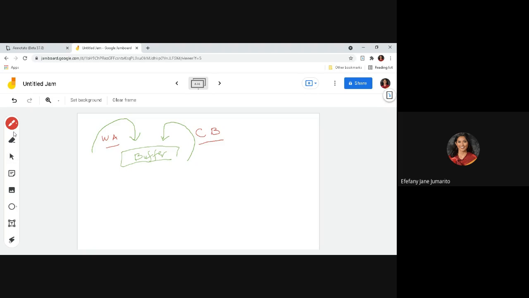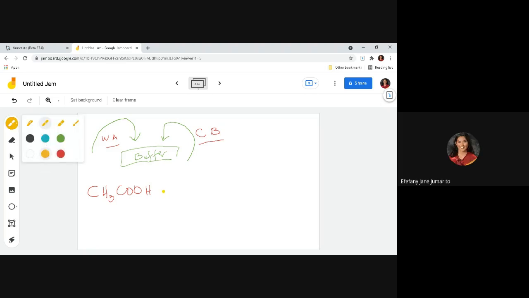Now, for example, acetic acid, CH3COOH. Is it a weak acid or weak base, or strong acid, strong base? It's a weak acid.